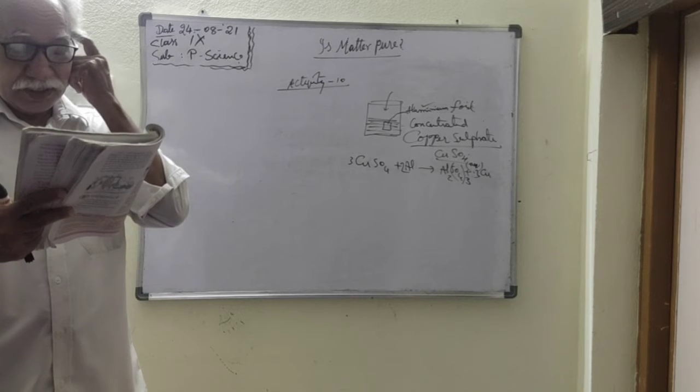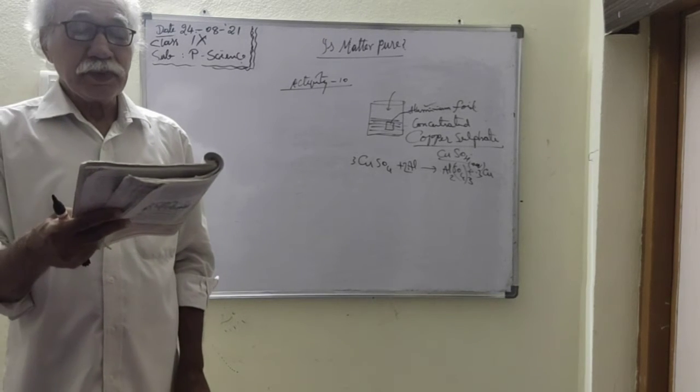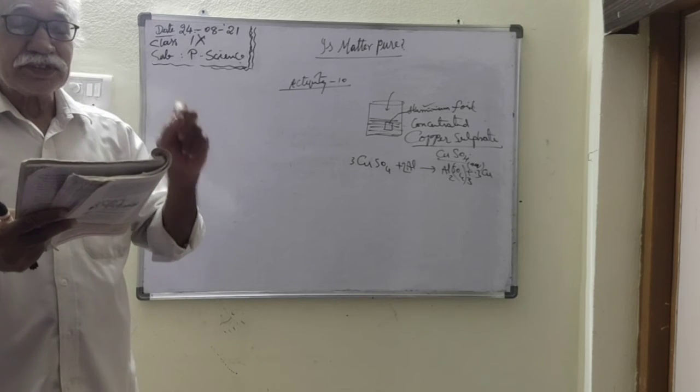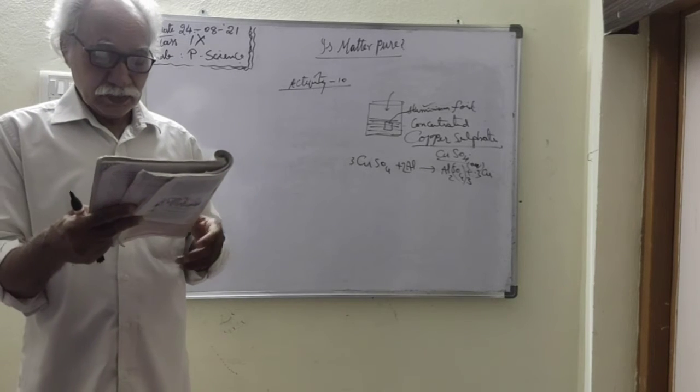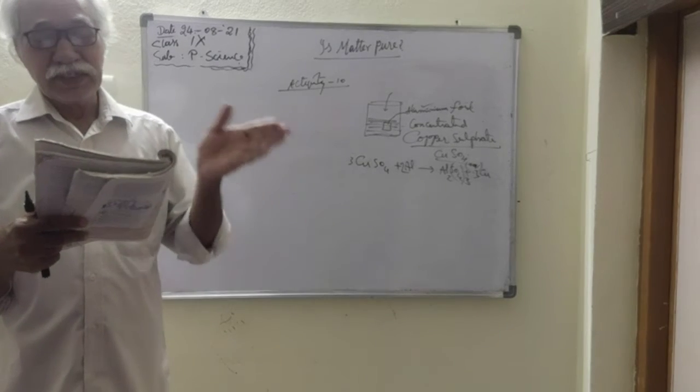If any substance can be separated into two or more components through chemical reactions, that substance is called a compound. So here two words are there: what is a compound, and what is an element?